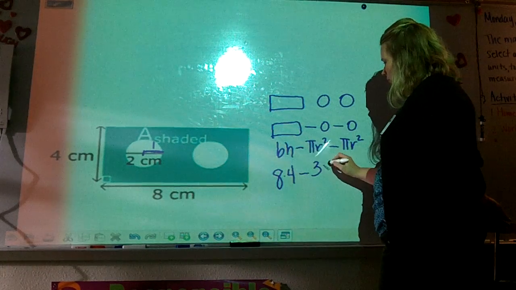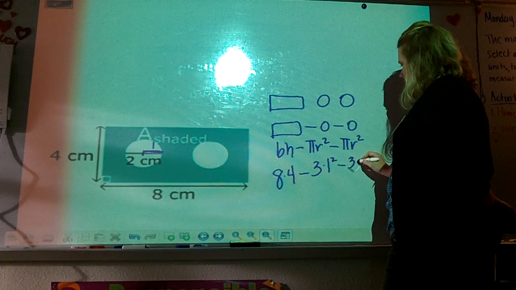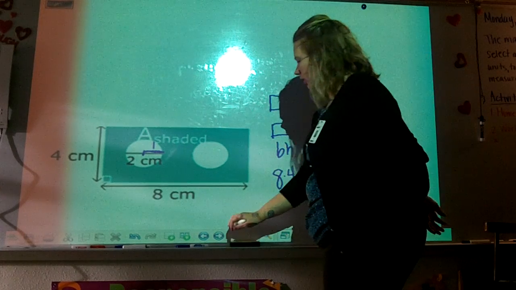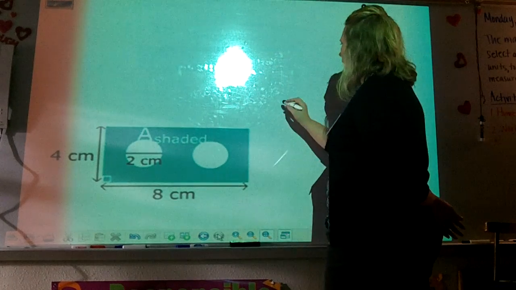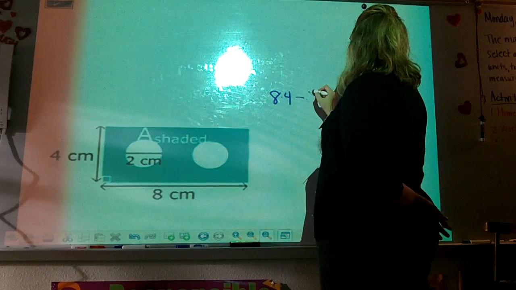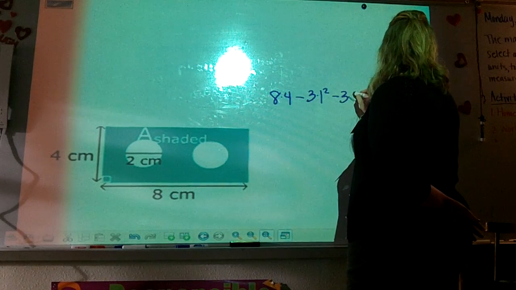So 3 times 1 squared minus pi is approximately 3 times 1 squared. Okay, so now I need to work these out. I'm going to go to the next slide. So I have 8 times 4 minus 3 times 1 squared minus 3 times 1 squared.